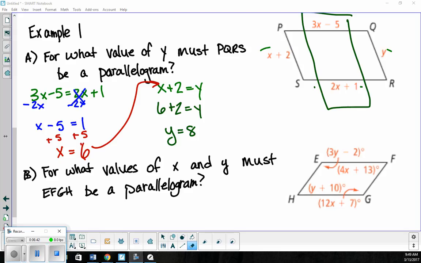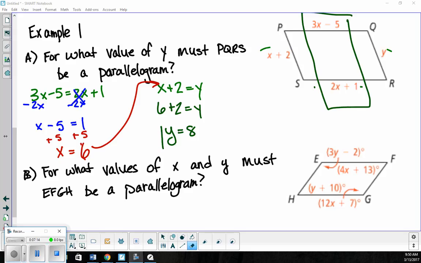So you can't combine those things together on the same side of the equation or anything. What you need to do is get all the x's, or all the variable, whatever it happens to be, to one side of the equation by adding or subtracting. Always do the opposite. Get all the variables to one side and then get all the numbers to the other side, and if necessary, divide. Okay.